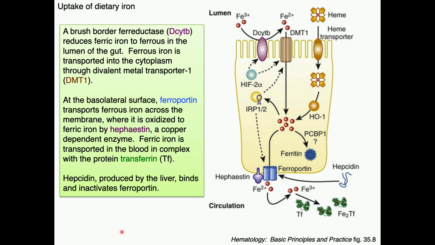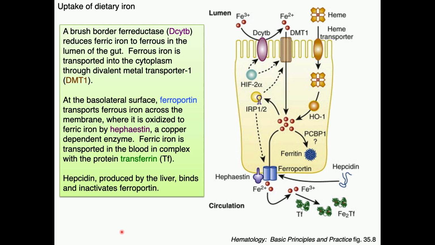So there is an oxidoreductase at the brush border that's going to act on luminal ferric iron and reduce it to ferrous iron. The ferrous iron then is transported through the divalent metal transporter, and then, as I guess is not shown here, some of that iron can, as I mentioned, support respiration and DNA metabolism within the gut epithelial cell.